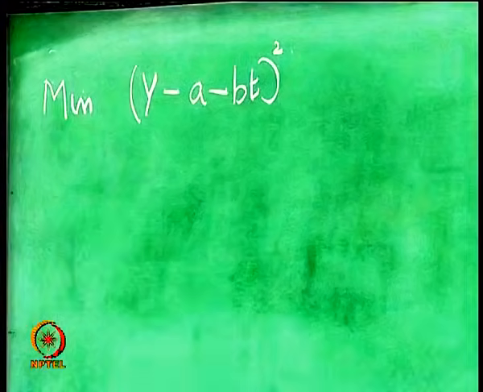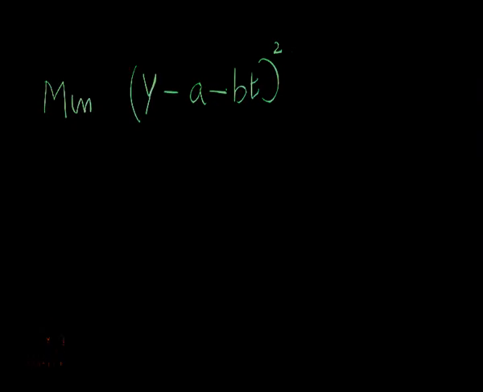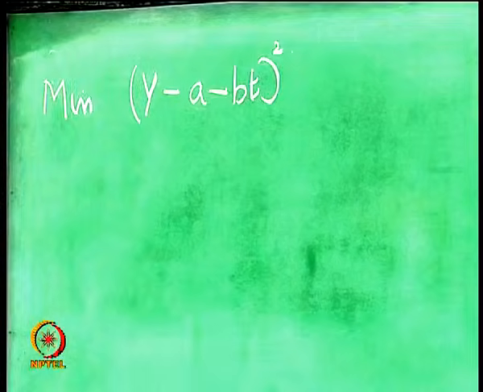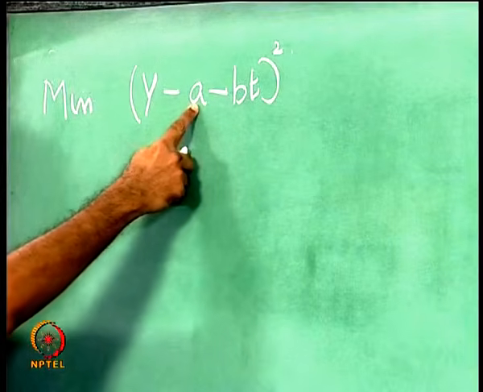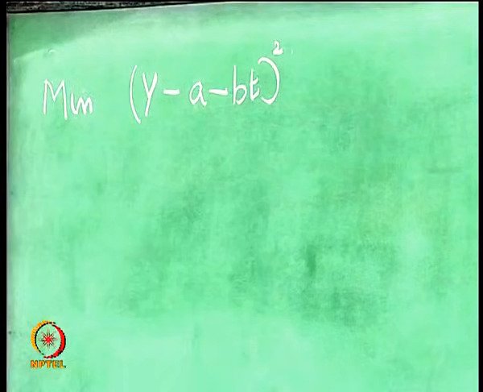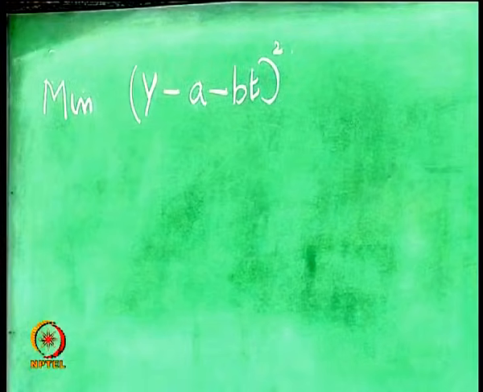So, the condition for minimization is the first derivative equal to 0 with respect to the variables. So, we try to partially differentiate this with respect to A and then with respect to B and then try and get the values.